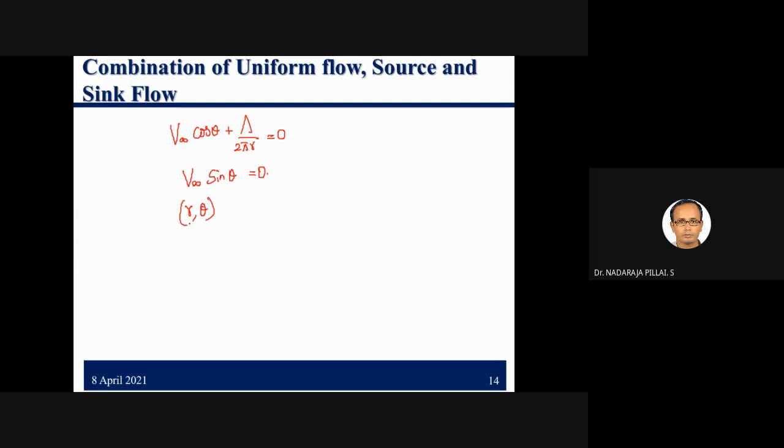So please calculate. Theta will be the n pi series. So theta can be pi, right? What is r? Minus lambda by 2 pi V infinity cos theta. Okay, so I write that it is lambda by 2 pi V infinity cos theta.